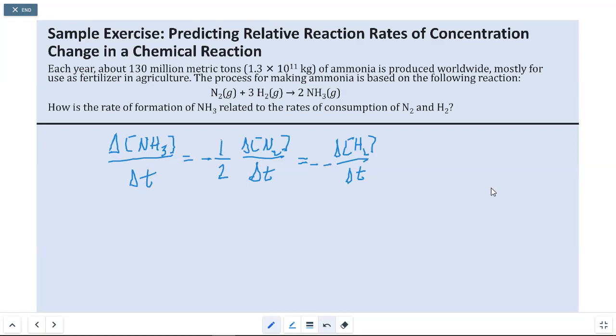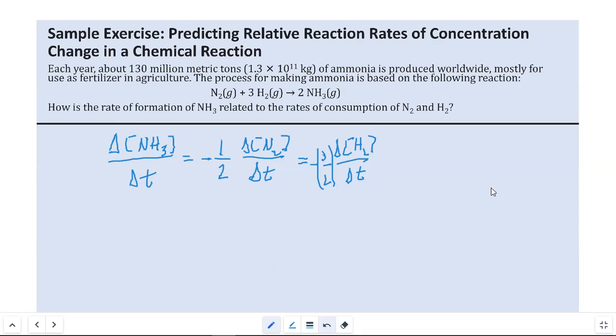This time, 2 ammonias for every 3 hydrogens. We're going to see that the hydrogen is going to disappear 1.5 times faster than the ammonia appears.